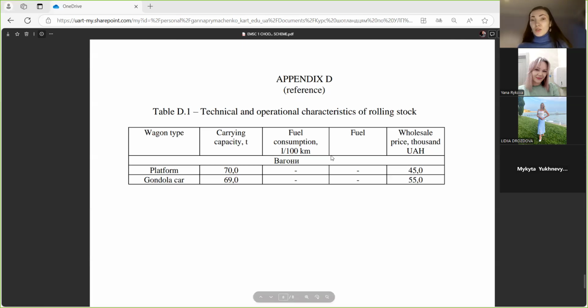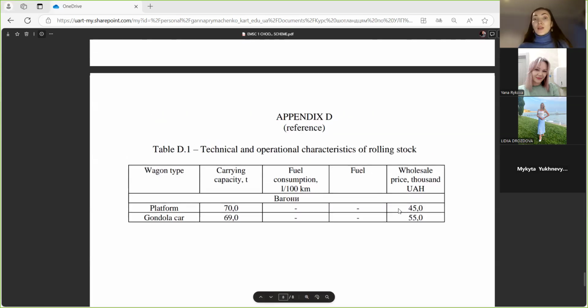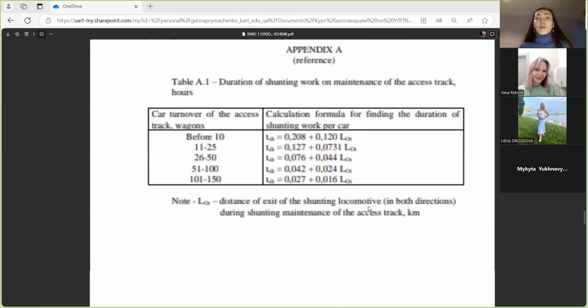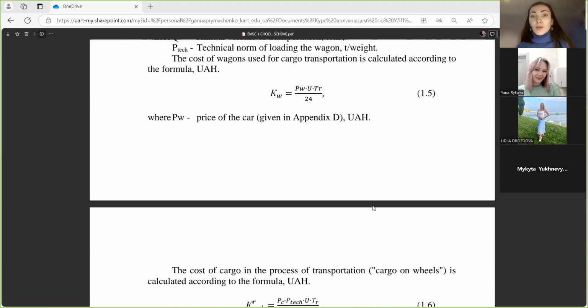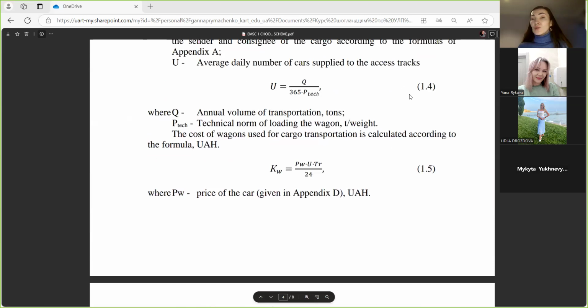Okay. I think you find your parameters for your variant and come back to our formula 1.5. And the next parameter after this price, we multiply by our U parameter. We calculated it, the result of formula 1.4. Use this result. And after it multiply by the result of our first formula, formula 1.1, our previous calculation.